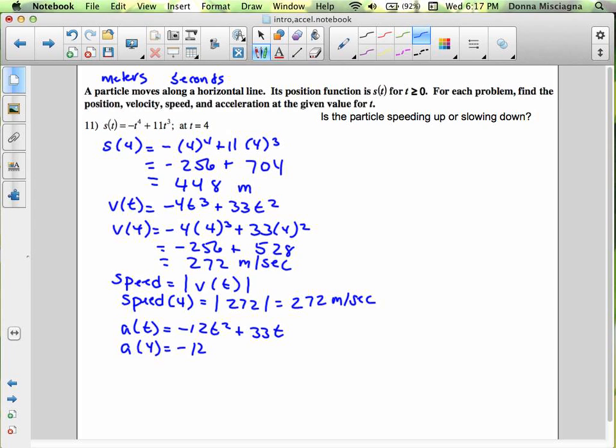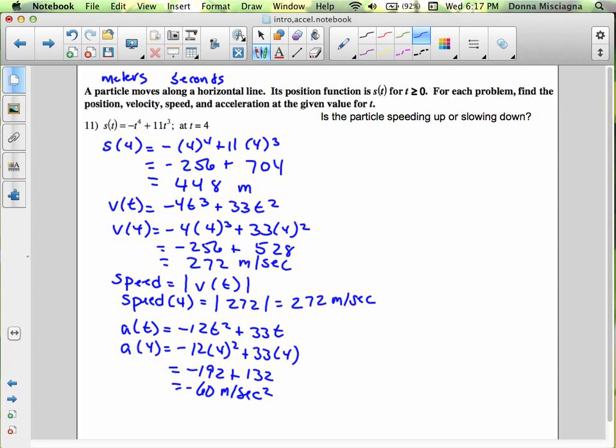So that's negative 12 times 4 squared plus 33 times 4. Negative 12 times 16 gives us negative 192. And then 33 times 4 is 120 plus another 12, that's 132. So that's going to be negative 60, and that's meters per second squared.